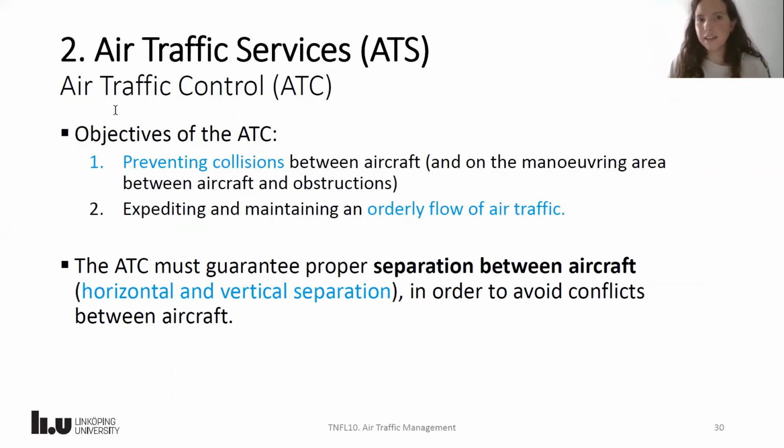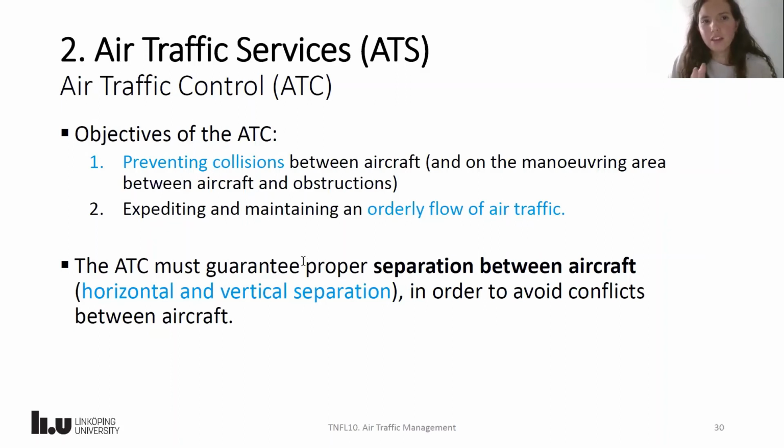So the objectives of the ATC, there are two, as we saw in the beginning. They must prevent collisions between aircraft and other obstructions in the maneuvering area, and also they must expedite and maintain the orderly flow of air traffic. This means that the air traffic must be efficient, and they must do it fast.